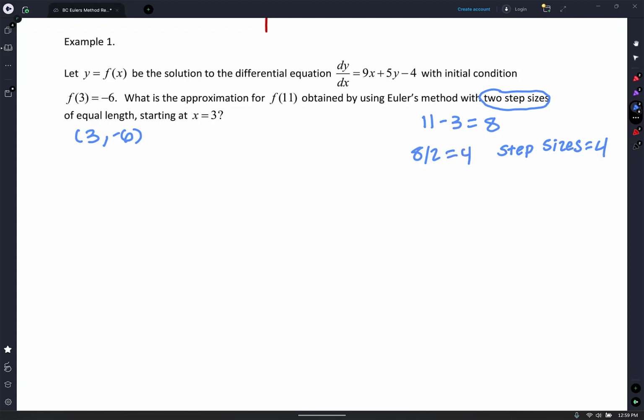Okay. Moving on to the calculus. We have this initial condition, and we're going to find the slope dy/dx at this initial condition.